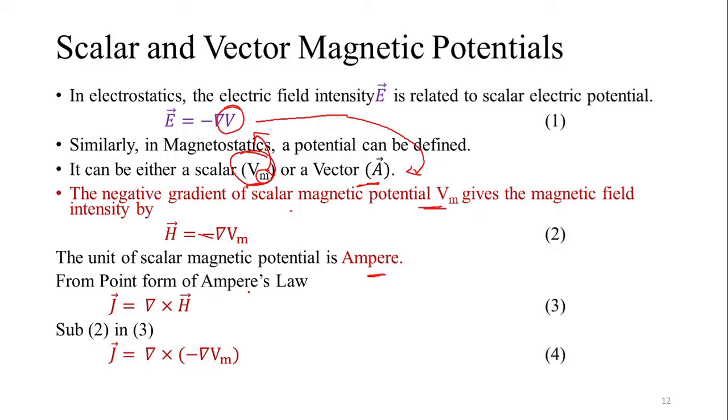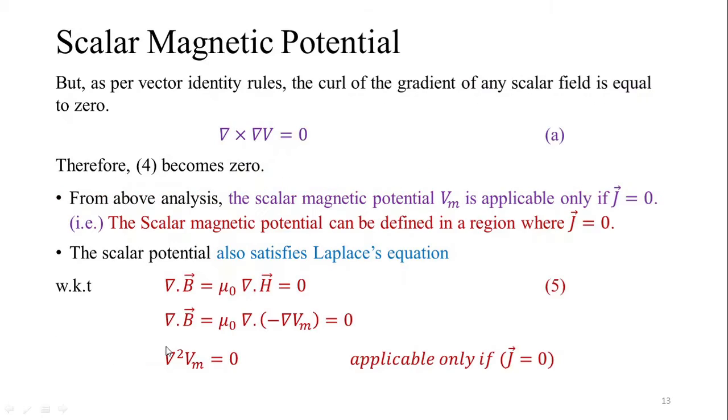We know the point form of Ampere's law, that is J vector is del cross H, and just replace this H with minus del Vm. So J is del cross minus del Vm. But as per vector identity rules, the curl of the gradient of any scalar field is equal to 0.